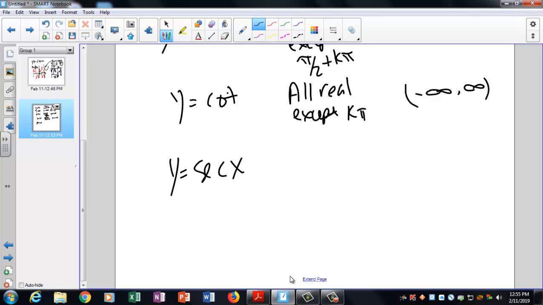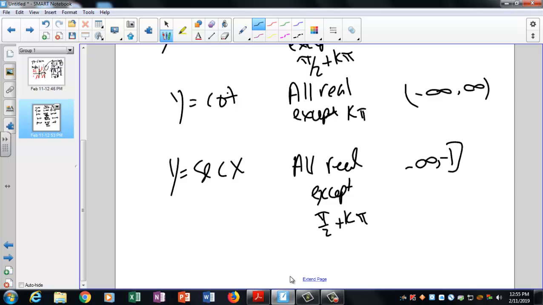For secant x, that's 1 over cosine. That has asymptotes at pi over 2 plus k pi. The range for that is negative infinity to negative 1, union 1 to infinity.